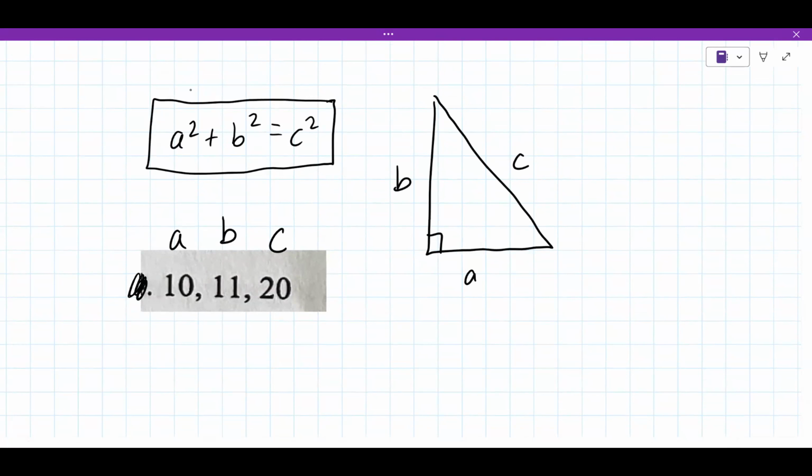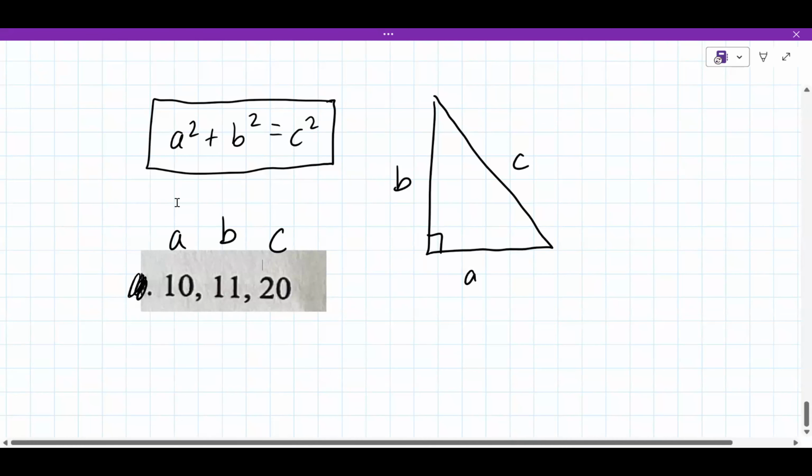And let me actually put that in. So 10 squared is 100. 11 squared is 121. 20 squared is 400. And then I would subtract.